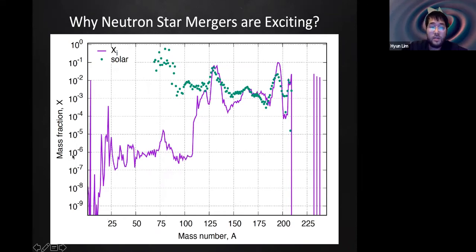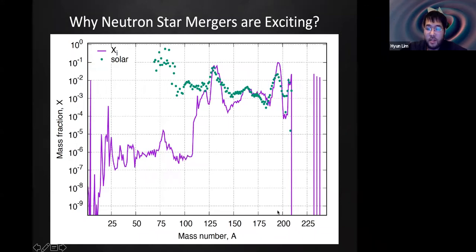So the plot you are seeing right now is called the mass fraction and mass number plot using r-process nucleosynthesis. And these green dots are what we call the solar abundance, like how much material abundance is in our solar system. And this blue-purple plot is r-process nucleosynthesis data from the neutron star merger using simulation. You see some peaks that match well with the solar abundance.